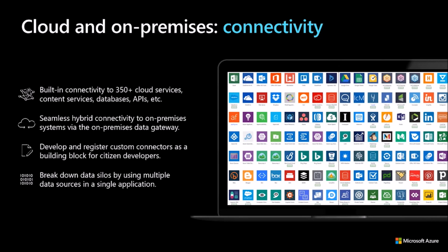And I'll show you how to do that as well in a second. If you don't see what you're looking for out of the box, it's very easy to build a connection yourself. We're going to create a custom connector today in one of our demos. And so Pierce is going to show us how to do that as well. But right now, there's already 350 right out of the box that's super easy to use. And we're going to use that today in this next demo that we're going to walk through. We're going to connect to our SQL database.